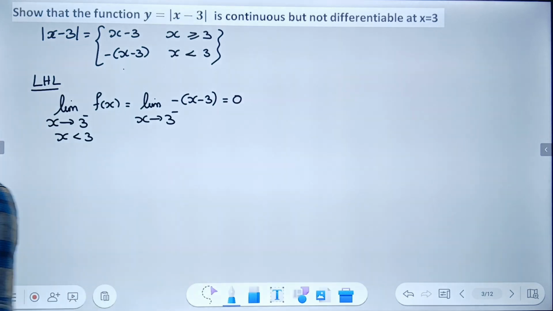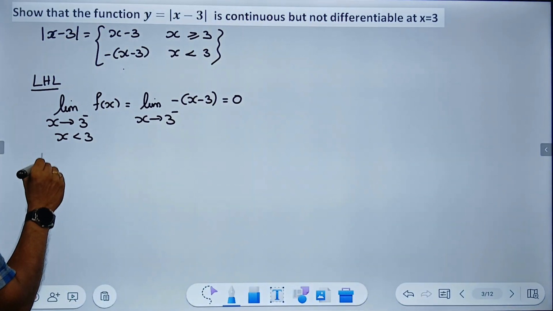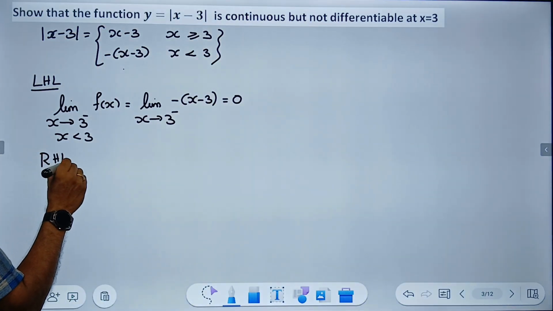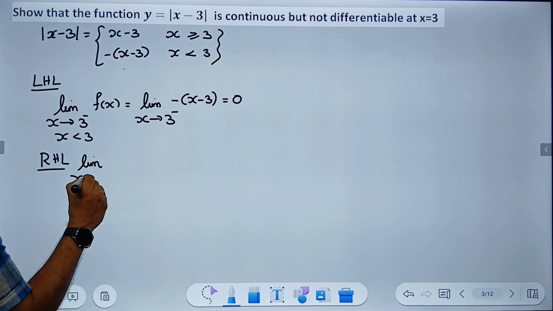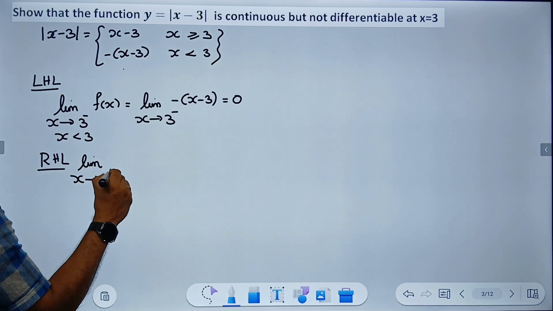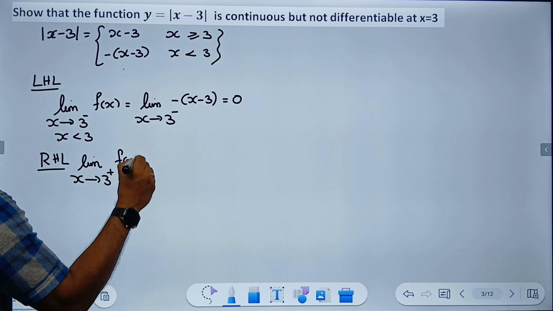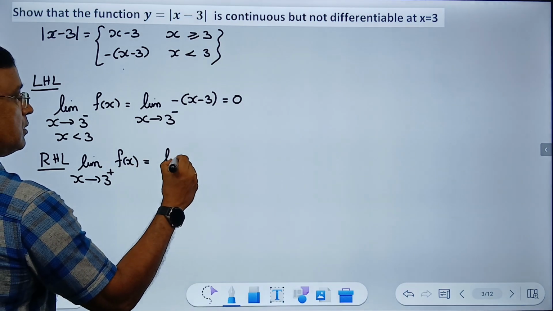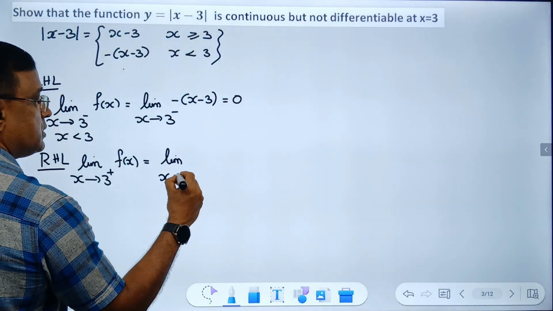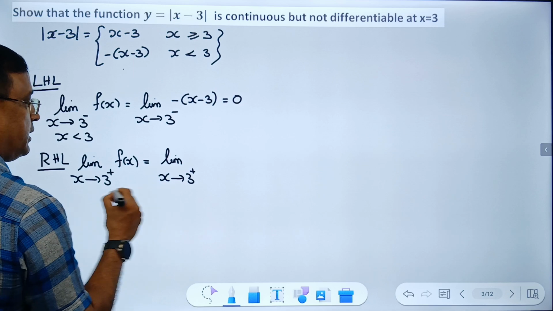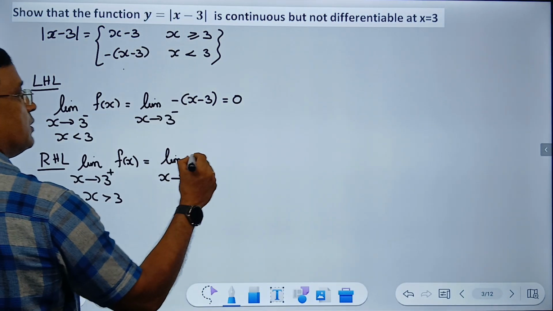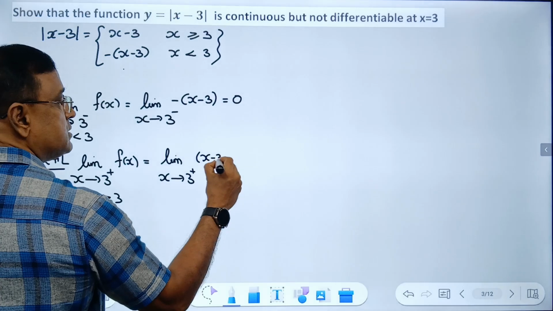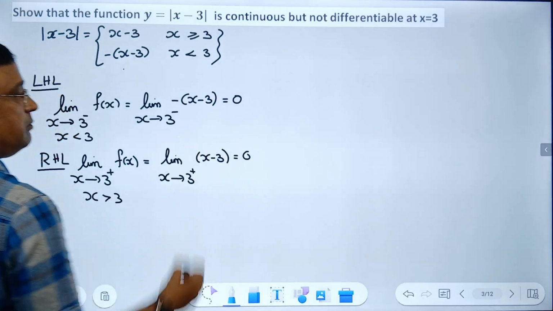So my left hand limit is 0. So what is my right hand limit? My right hand limit is limit x approaches to 3 plus f of x, which is limit x approaches to 3 plus means x is definitely greater than 3. Greater than 3 means what is the function? It is x minus 3. So right hand limit is also 0.